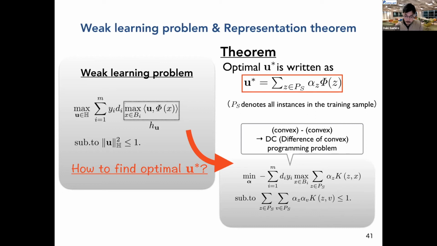And actually, this is a difference of convex programming, which is not a convex program. But fortunately, we can obtain a local optimum using DC algorithm. And totally, the proposed problem is tractable, and we can learn a good combination of the shapelets and classifier efficiently.